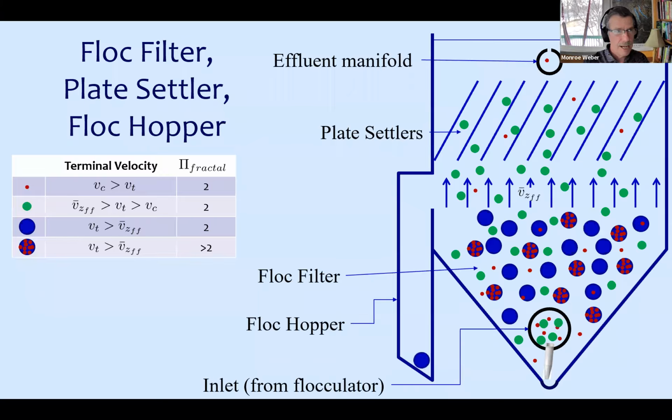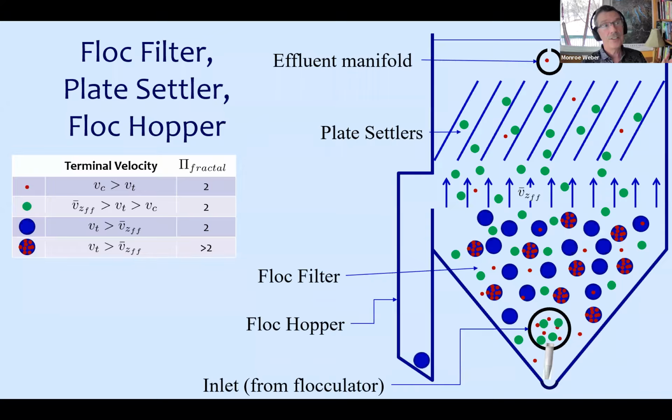Before creating this animation, I didn't realize how big of a question that was, and how the only way that they can get to the bottom is if they change their sedimentation velocity. Because the reason they got to the plate settlers in the first place is because they weren't settling fast enough to stay in the bottom of the tank. And so they went up to the plate settlers and were caught there. Now, the only way they can get back down to the bottom of the tank is if they increase their sedimentation velocity.